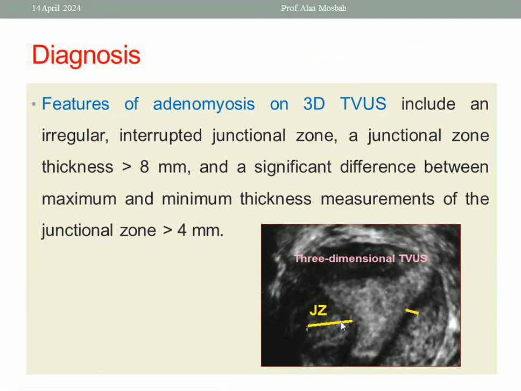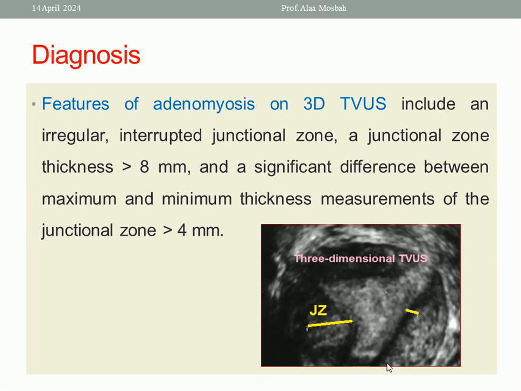What are the features of adenomyosis on 3D transvaginal ultrasound? Irregular or interrupted junctional zone, or junctional zone more than 8 millimeters, and a significant difference between the maximum and the minimum thickness measurement of the junctional zone of more than 4 millimeters.